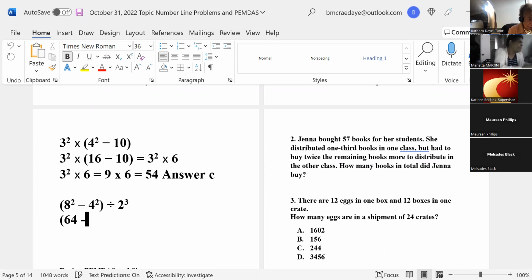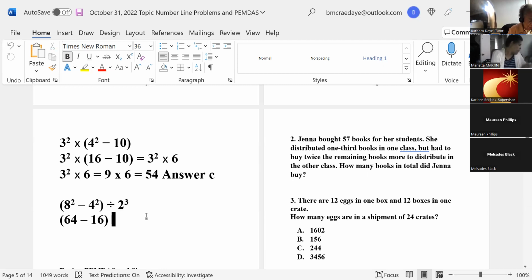Okay. And then you're going to say 4 times 4, which is 16. Very good. Let me just copy the rest of this and you tell me what you got for the parentheses.